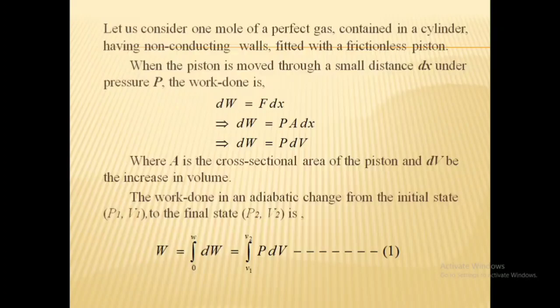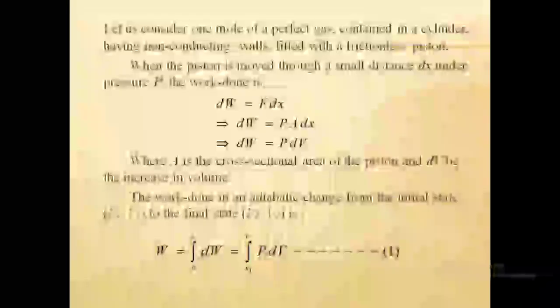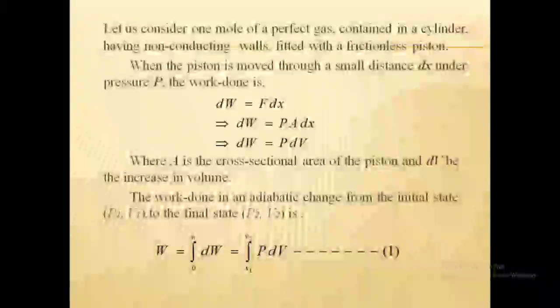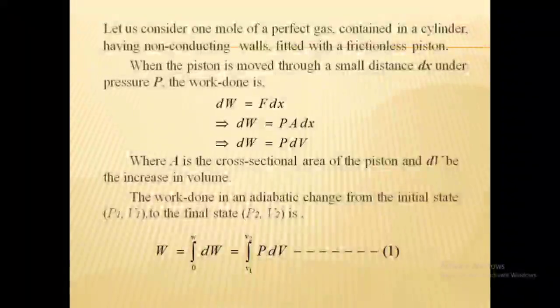Now when the piston is moved through a small distance dx under pressure P given by the gas, the work done is given by dW equal to F dx, just like in the earlier case. That implies dW equal to pressure into area into dx.